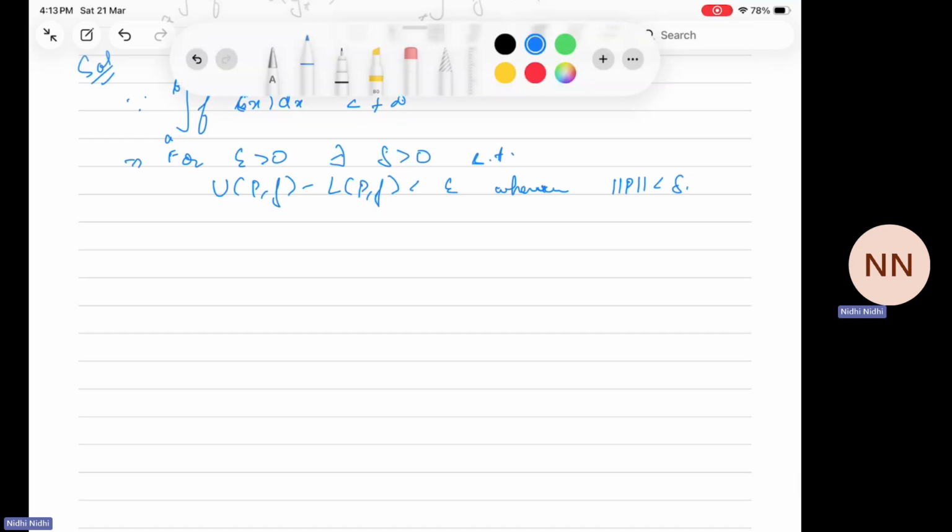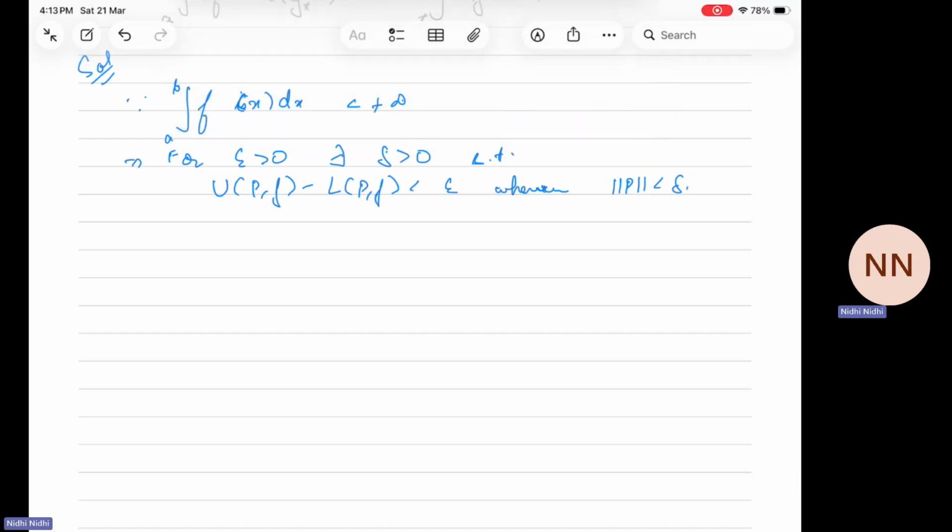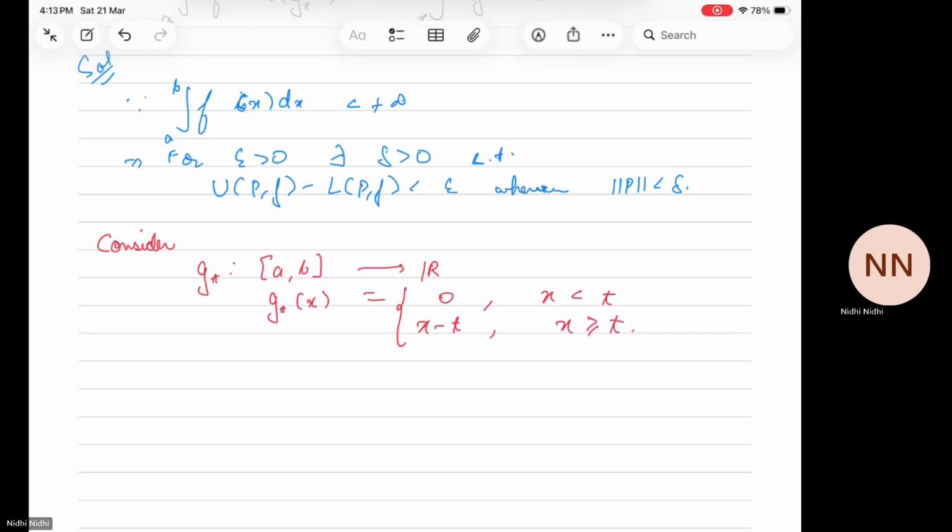If I consider the function g_t defined from [a,b] to R, where g_t(x) is equal to 0 for x less than t, and x minus t for x greater than t.